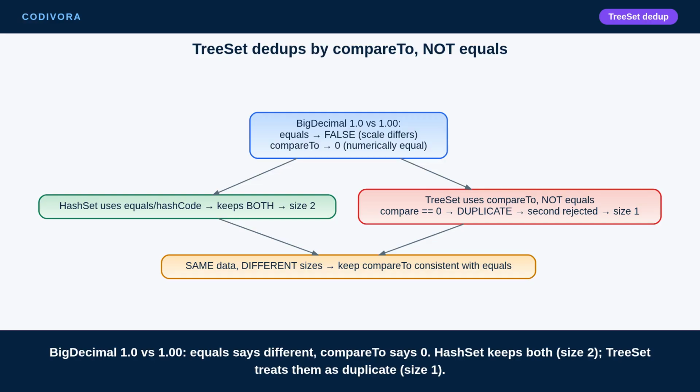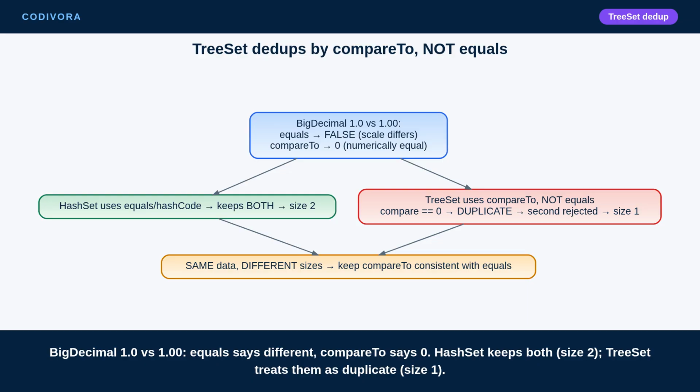A concrete surprise that proves sorted collections are different. A HashSet decides duplicates with equals. A TreeSet decides them with compareTo returning 0. Take BigDecimal 1.0 and 1.00. Equals says they are different because the scale differs. But compareTo says 0 because they are numerically equal.